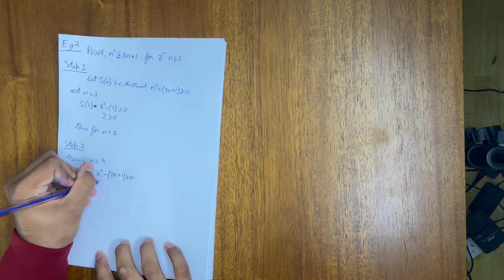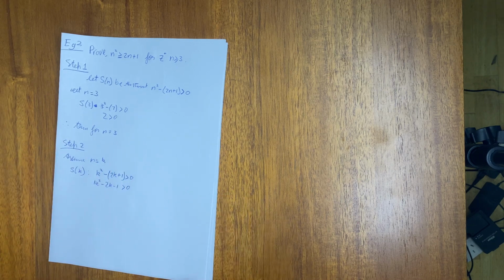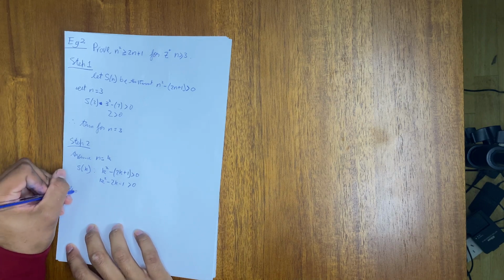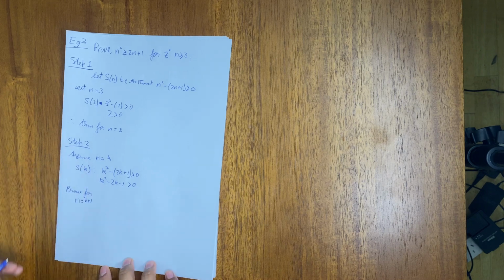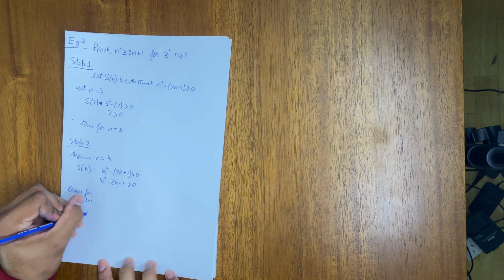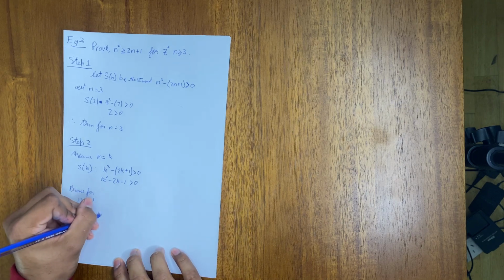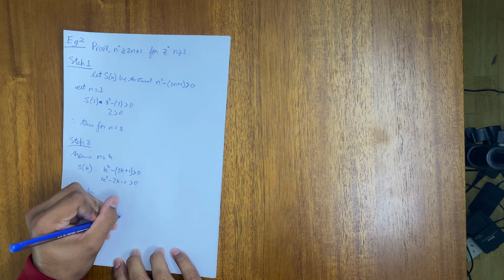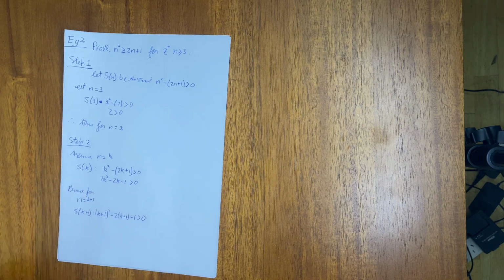So we can rewrite that as k squared minus 2k minus 1 is greater than 0. Prove for n equals k plus 1. So S of k plus 1 is going to be k plus 1 all squared minus 2k plus 1 minus 1 is greater than 0.